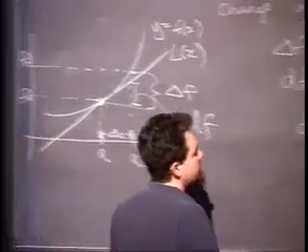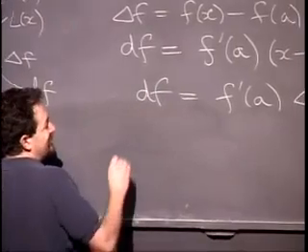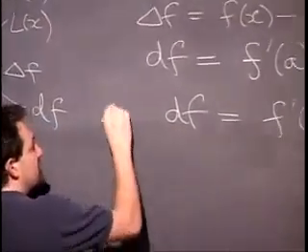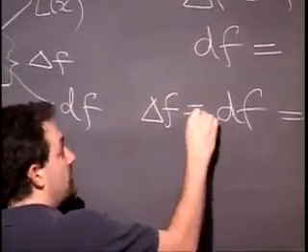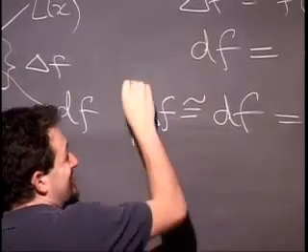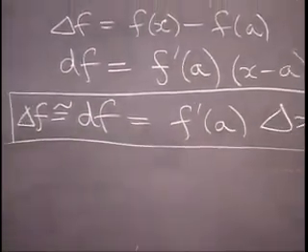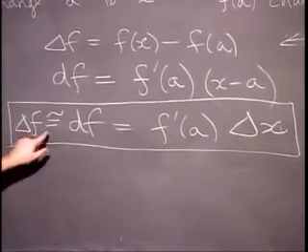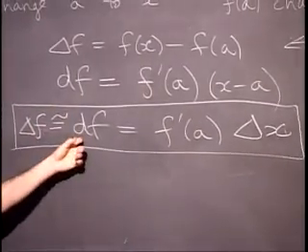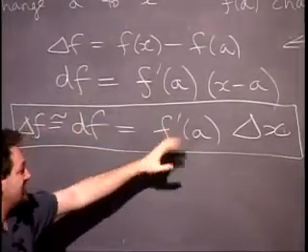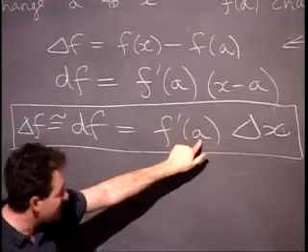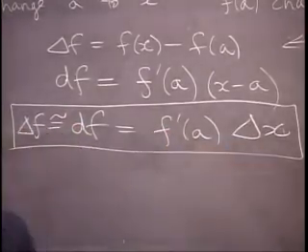Anyway, without much ado, all I want to do is just say that we're going to say that the actual change we want is approximately equal to this, and there is our equation for a differential. The actual change is approximately equal to the approximate change from the tangent line, which is the derivative at the nice point times the amount you've changed it by.